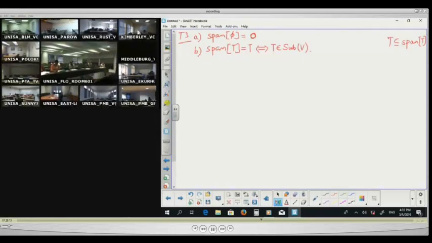Once you see that the span of T is a subspace and the smallest subspace containing T, immediately you don't need to prove. So in particular, can you tell me what will be the span of T?